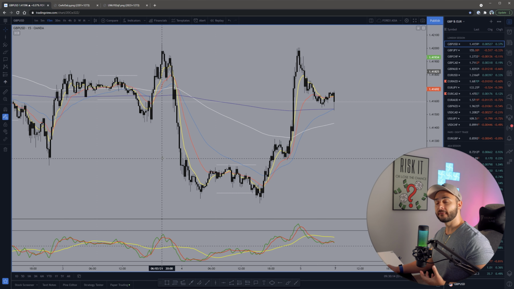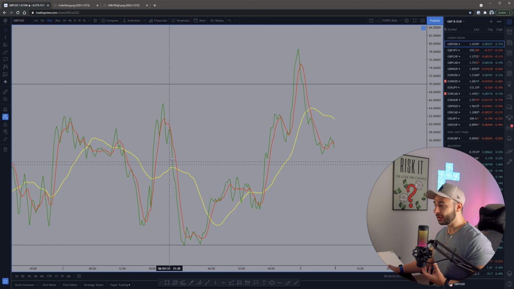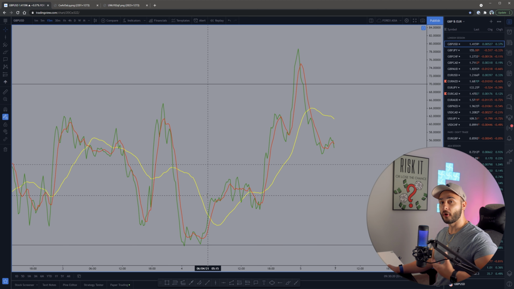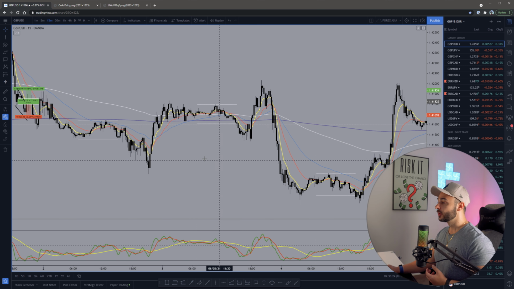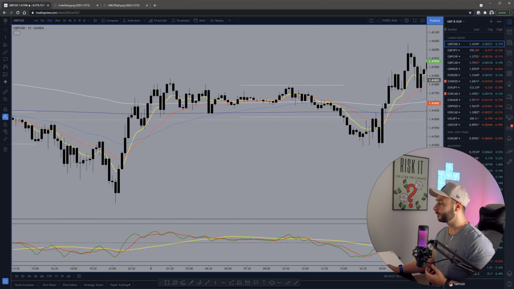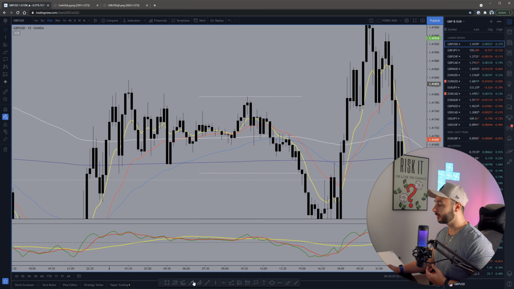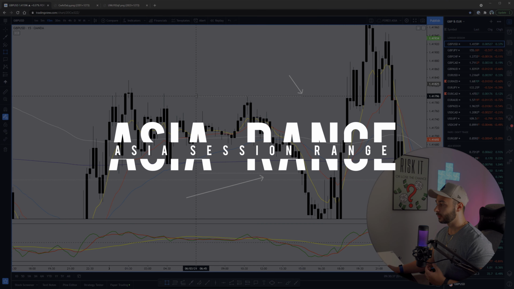The main thing I'm looking for is the yellow line, and it needs to be either in the buy zone or the sell zone from the open of the market session. So the open of the Asia session. What I mean by that, if I just come over here, you can see these two white bars, this white bar there, and this one over here. What this represents is the Asia range.